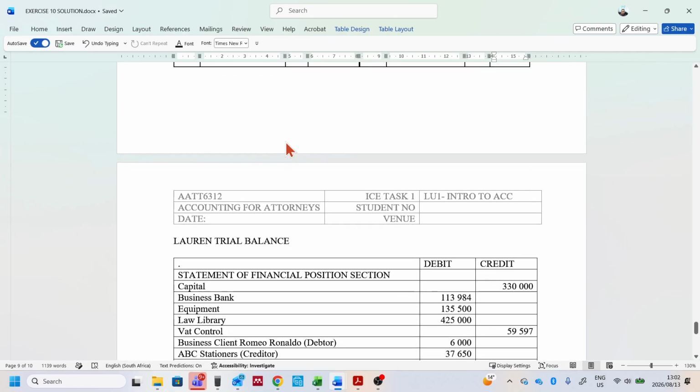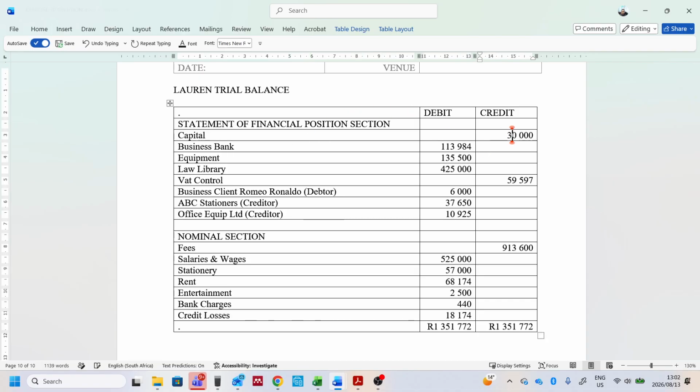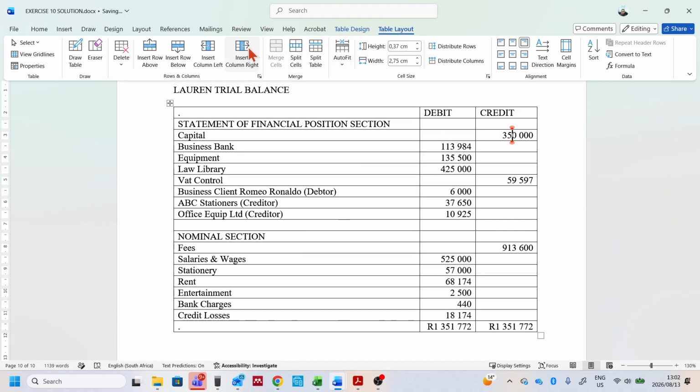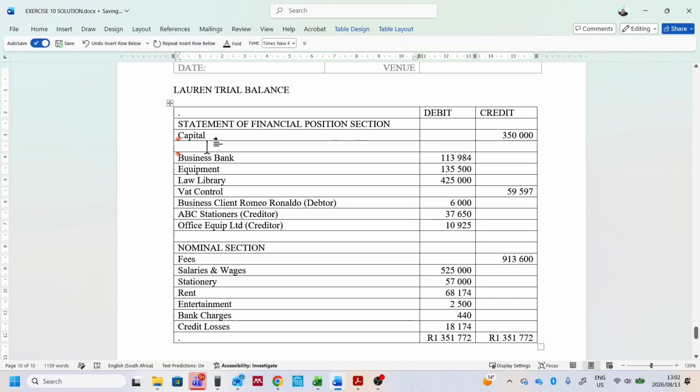So just to show you what I'm explaining, these are the balances of our accounts. Instead of listing the drawings, I'm going to show you, because we did the drawings account differently. So the balance over here will say 350. And then here, we're going to have drawings of 20,000.